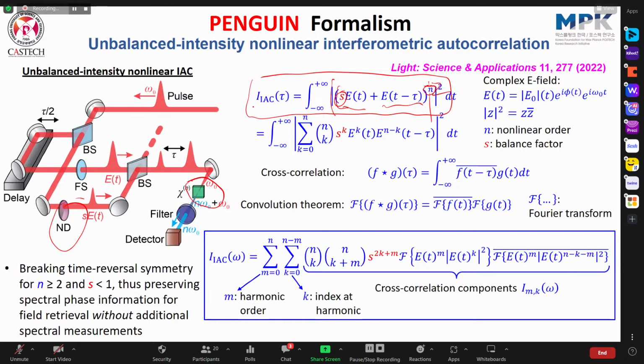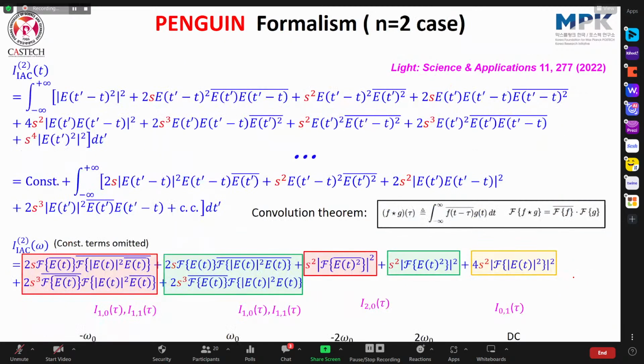This is the general equation for the interferometric autocorrelator. You can expand it, and the formula becomes very complicated. So let's just look at the simple case, n equals 2, like when we generate second harmonic. Even in this case, we have 16 terms.